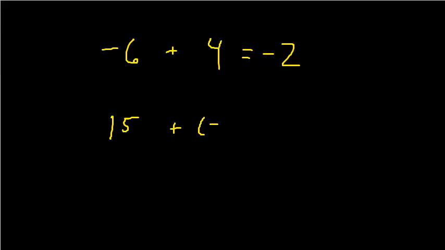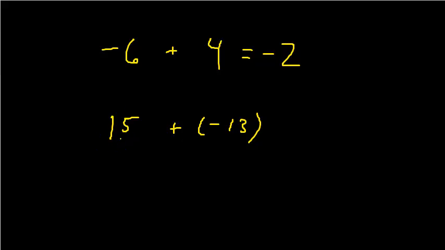We can try this again with, say, -6 plus 4, something like this. Right? Our larger absolute value is 6, our smaller is 4, so 6 minus 4 gives me 2, but the 6 had a negative sign, so my answer is negative. Also, if I had, say, 15 plus a -13, right?